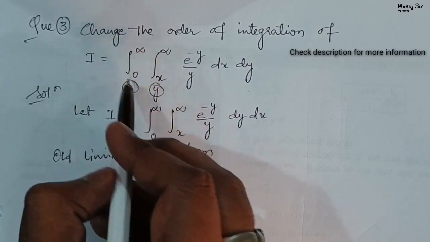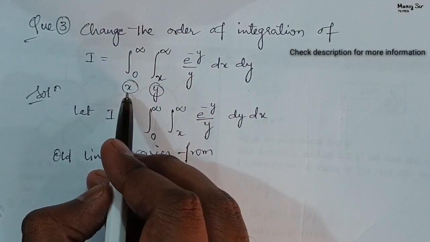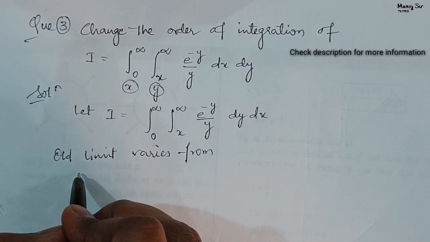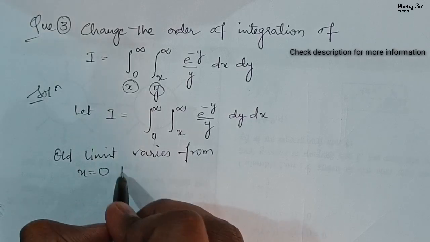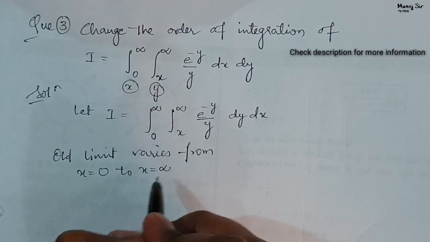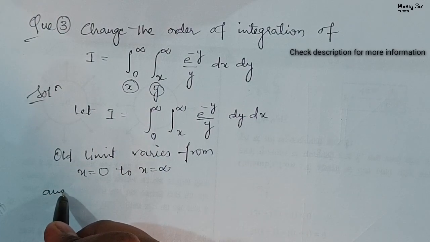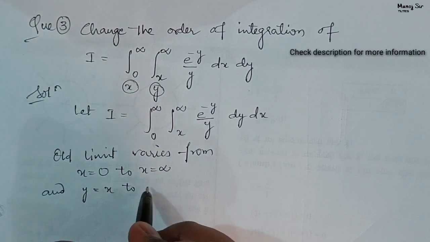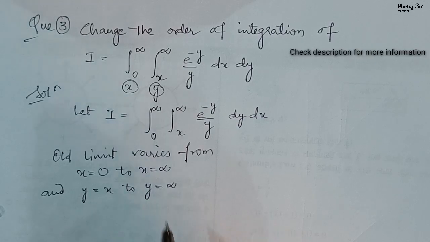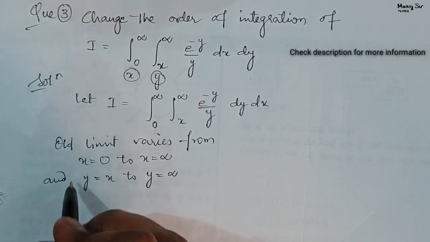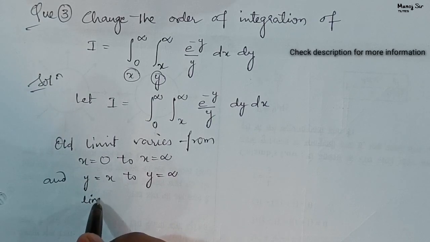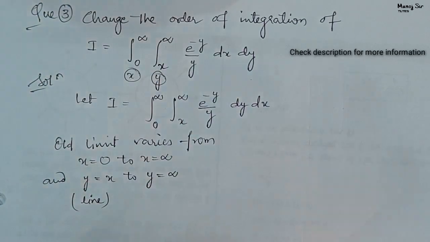So first we will write this part, that is limit of x, because limit of x is constant: x equals to 0 to x equals to infinity. Then followed by this, that is y equals to x to y equals to infinity. Fine. Now looking at this, y equals to x, we can say this is the equation of a line. No problem up to this, I believe.